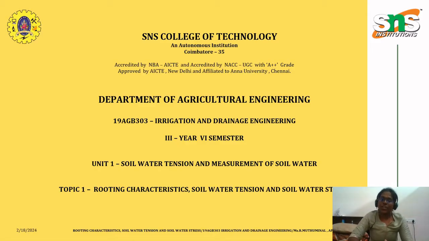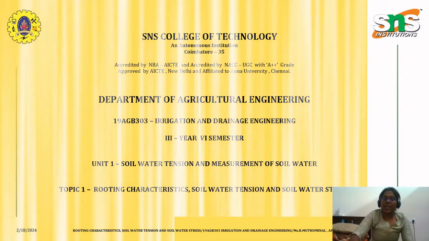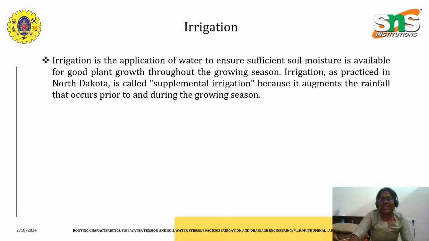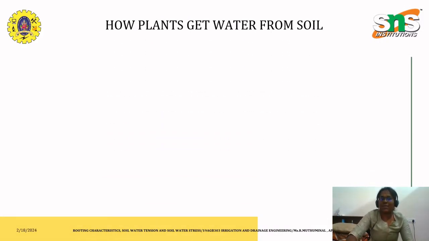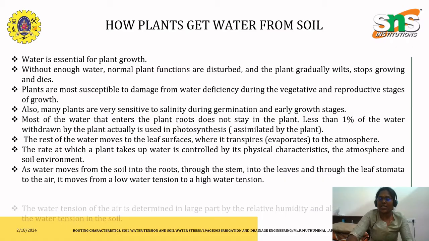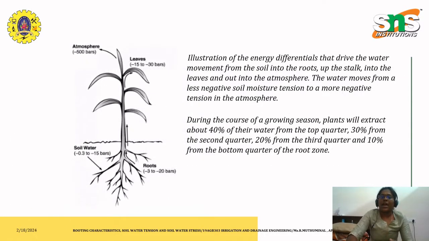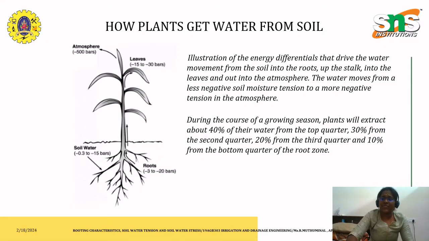As a continuity of last class, we have seen what irrigation is, why it is important, how plants get water from soil, how much water is available for plant growth, and the levels that could be split between the soil water, the root, and the water which goes towards the groundwater. So these are something which we have seen.